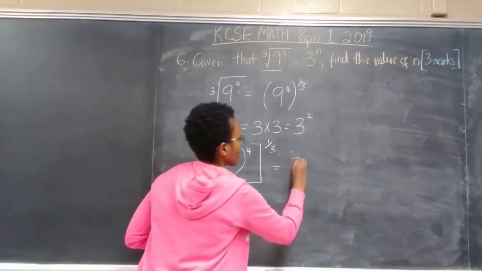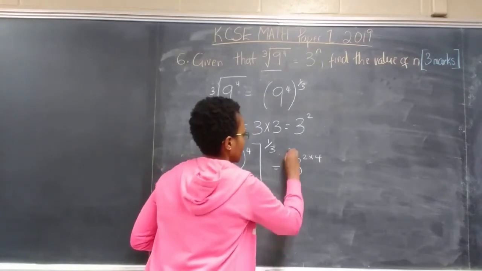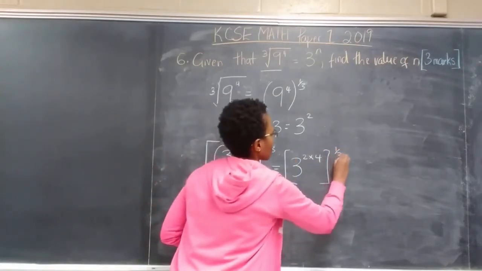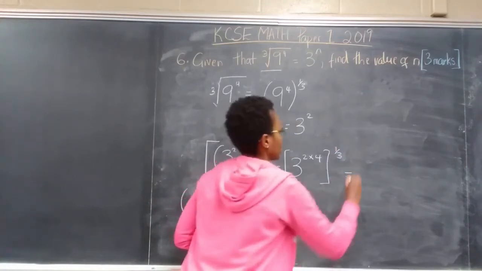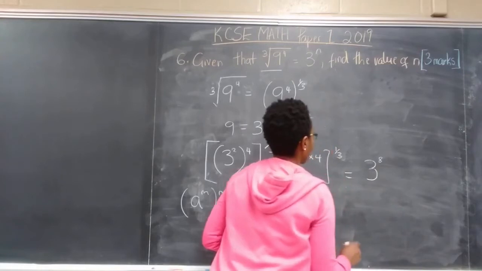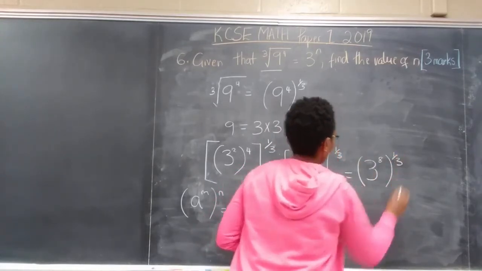So we have 3 to the power of 2 times 4 here, and all of that is to the power of 1 over 3. So we rewrite that again. That is 3 to the power of 8, and then that is to the power of 1 over 3.